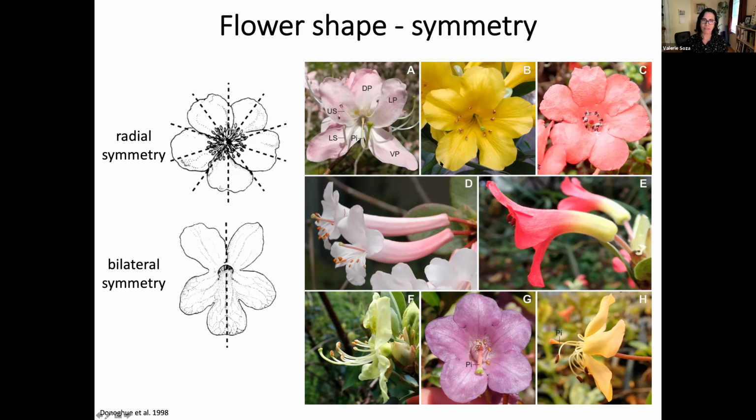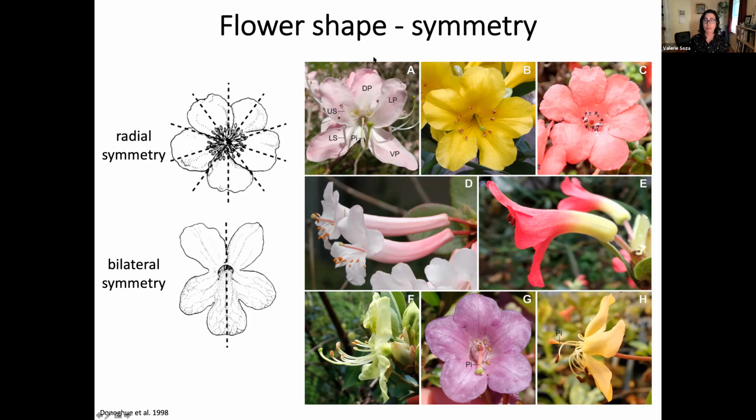So some examples in rhododendron of these two types of symmetry. Normally rhododendrons have 5 petals, and I've labeled them here in this panel A. Usually the upper petal I'll be referring to as the dorsal petal. And then there's 2 lateral petals and 2 ventral petals. And so in this case here in A, this is a really good example of a bilaterally symmetric corolla in rhododendron, where you only have one plane of symmetry here.